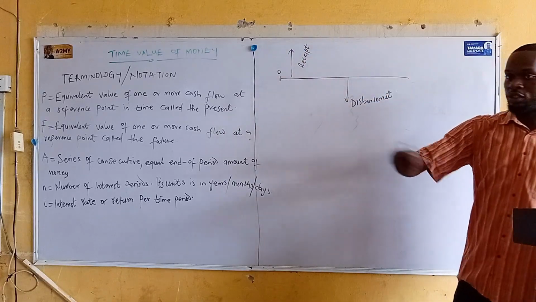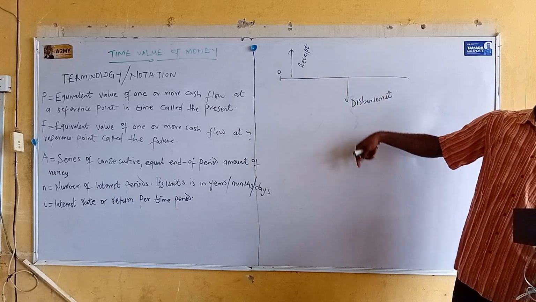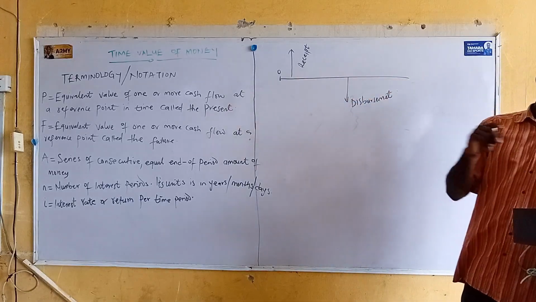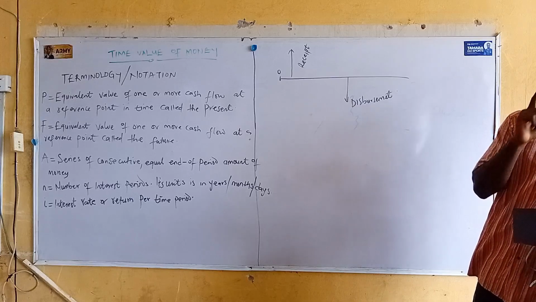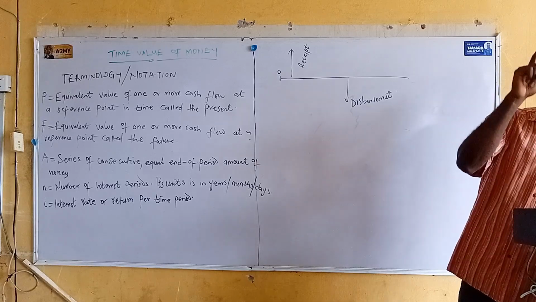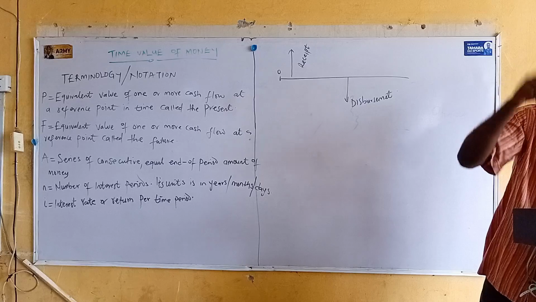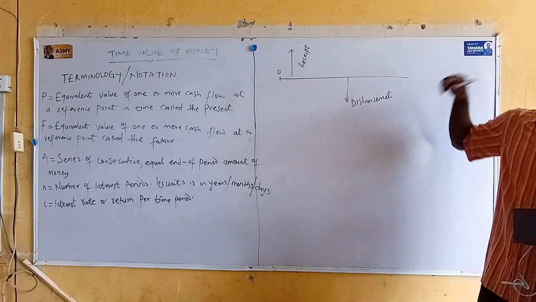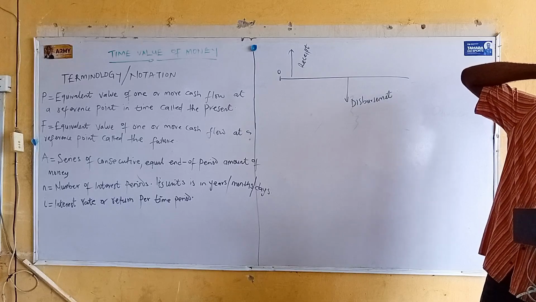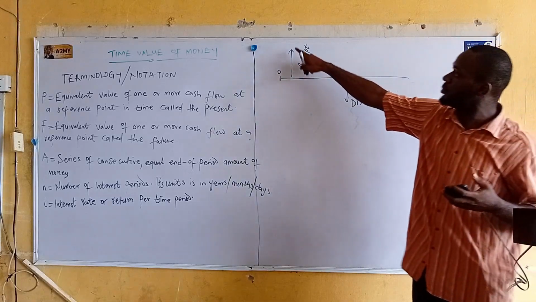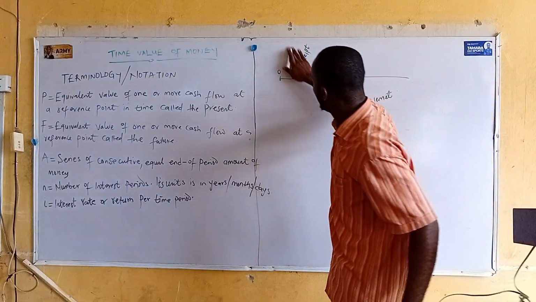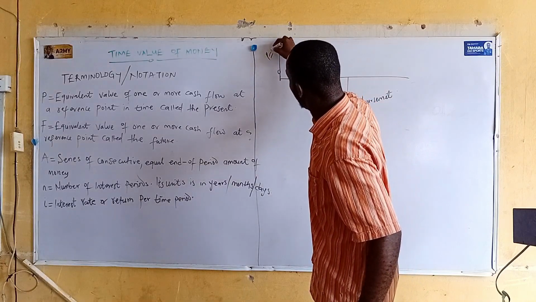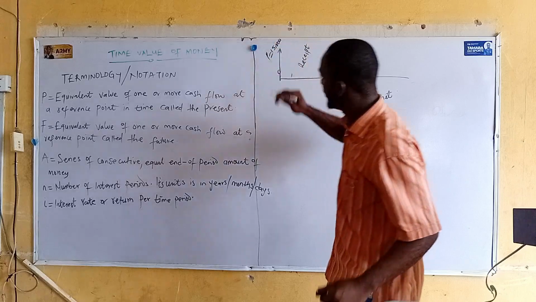But if you are disbursing or spending money, you use the down arrow. So this question says you plan to borrow 15,000. It is P, because it is in the present. Since you are borrowing, is it receipt or disbursement? Receipt. So you are at time zero, P, and it equals 15,000.